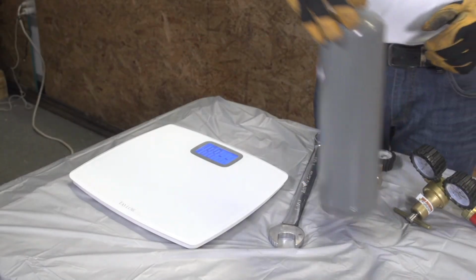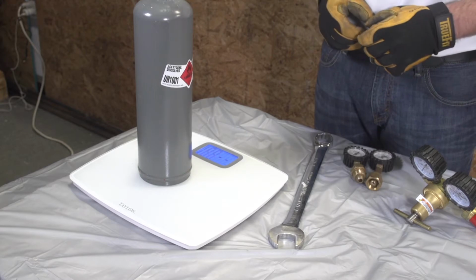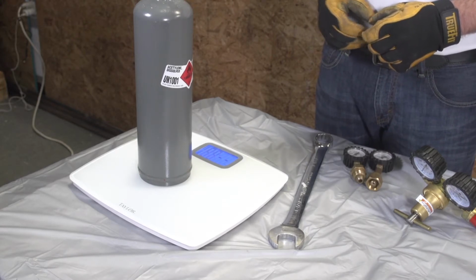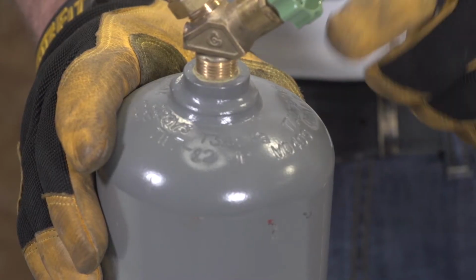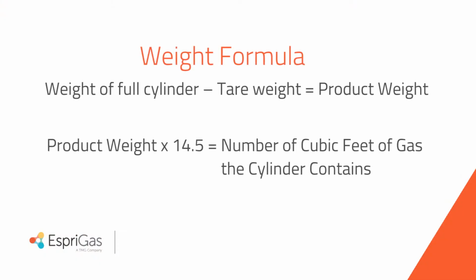Using a digital scale, weigh the full cylinder and subtract the tare weight of the cylinder to determine the product weight. The tare weight is stamped on the side of each cylinder. Each pound of product weight is equal to 14.5 cubic feet of gas. To determine the amount of cubic feet of gas remaining in the cylinder, simply multiply the product weight by 14.5.